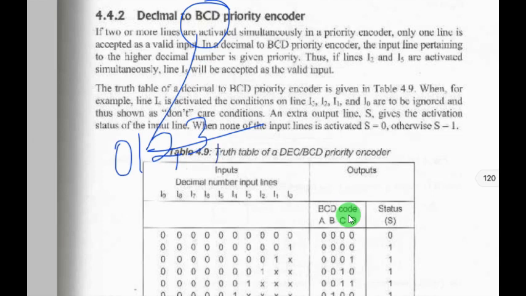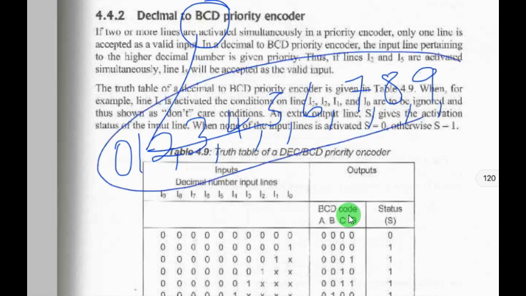Tell me when to stop. I'm waiting for a stop. It represents 0 to 9.